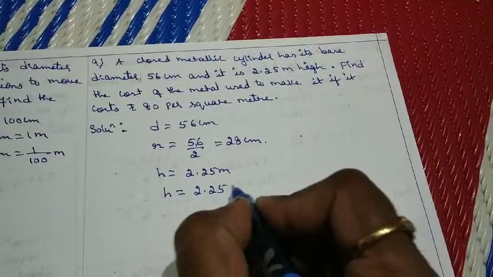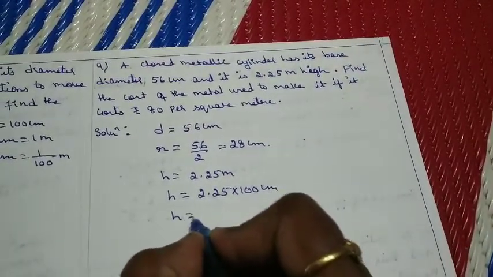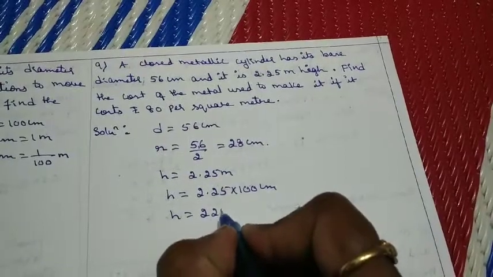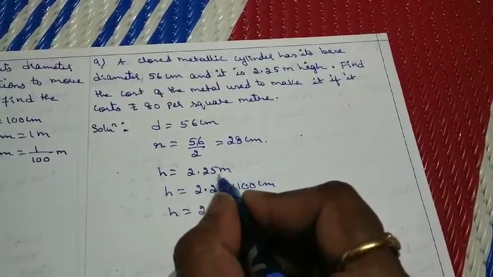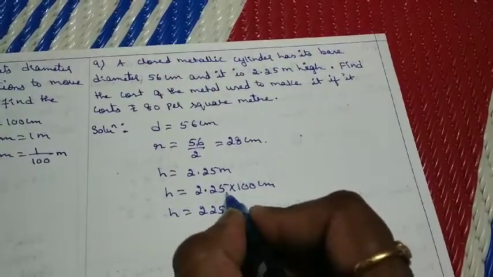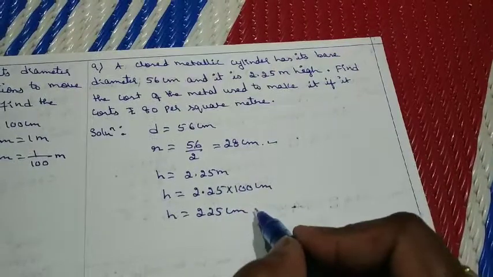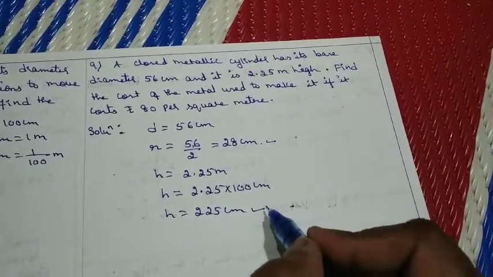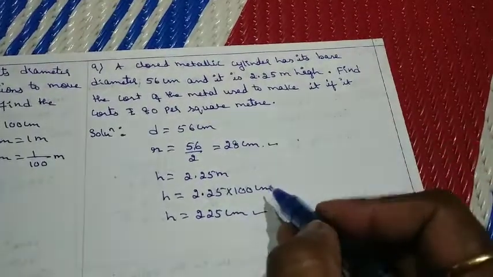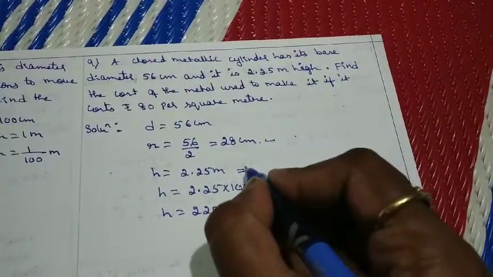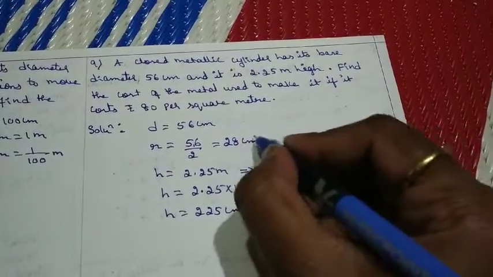So 2.25 into 100 centimeter, then the height becomes 225 centimeter, because these two zeros shift the point to the right after 2 digits. But here the cost is given in meters, so better I'll keep this in meters only, children. So I'll consider height as 2.25 meters only.